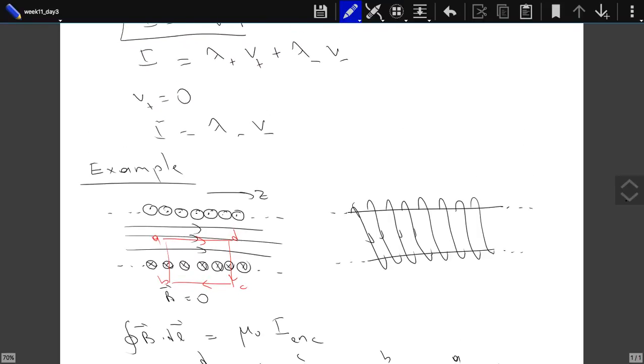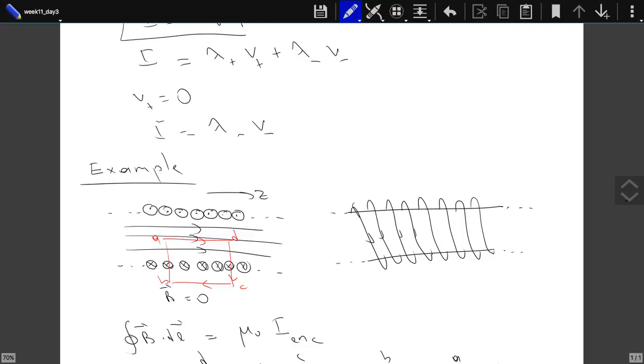And then we said that as we go from D to C, inside the cylinder, dl and B are perpendicular to each other. In this segment, B is 0. So in both cases, B dot dl will be 0 along this path. Along this path, as we go from B to A, again, inside the solenoid, B and dl are perpendicular to each other.